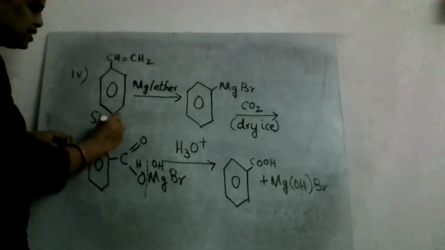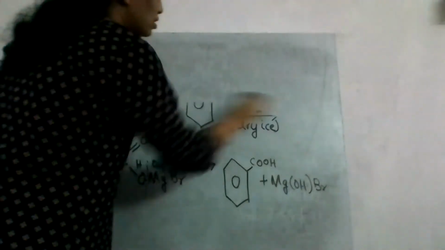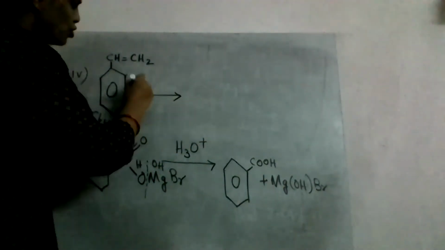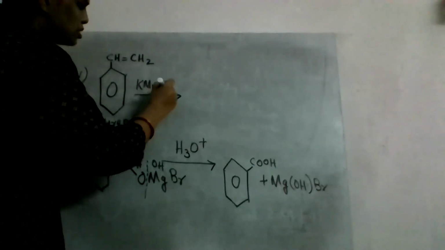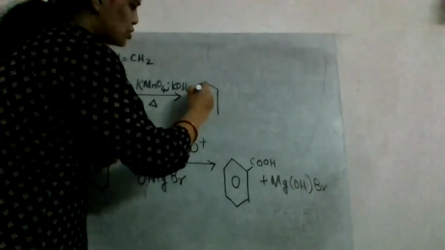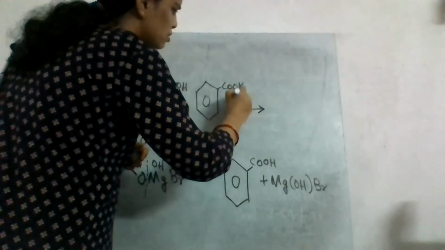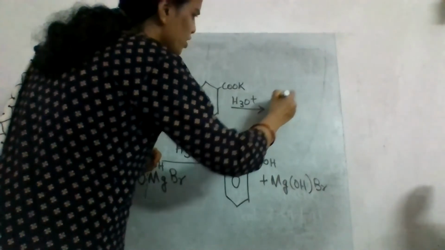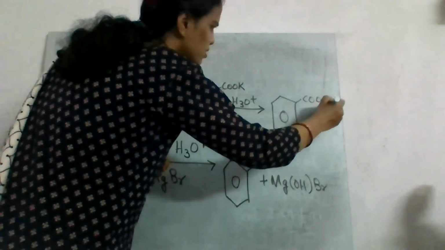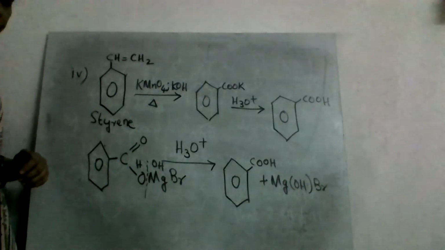So this styrene, when treated with KMnO4 in presence of KOH and heated, this whole group gets converted to COOK, which undergoes hydrolysis, and this results in giving you benzoic acid. So this is how you will do the conversions there.